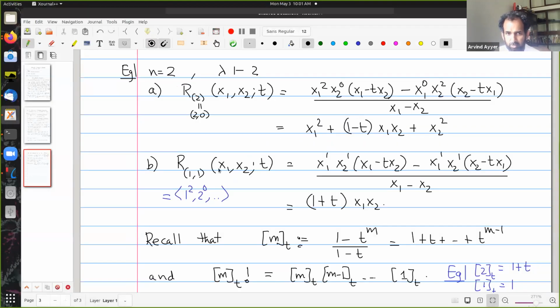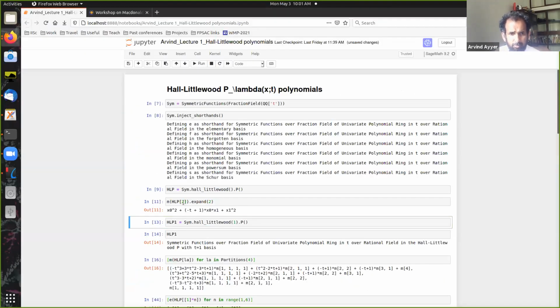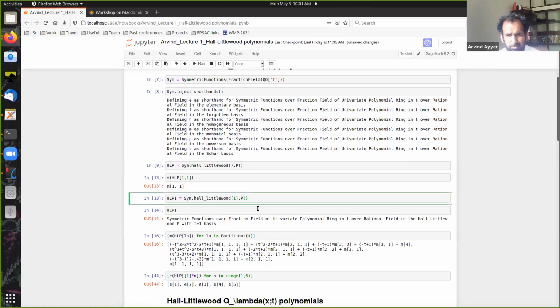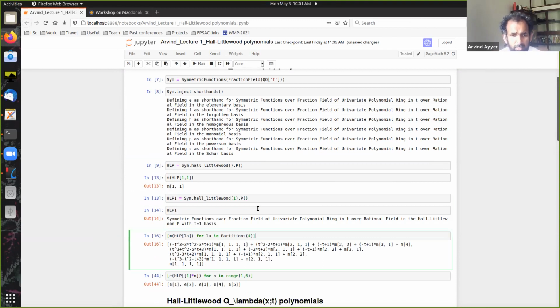This is exactly what we had. And if you do 1, 1, you will see x0, x1. If I just expand it out, I'll just get m1,1. And this is going to be related to something that we will see soon. Okay, just to give you a feel for things.